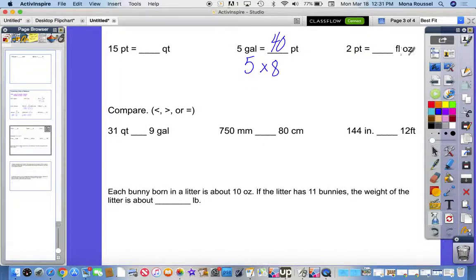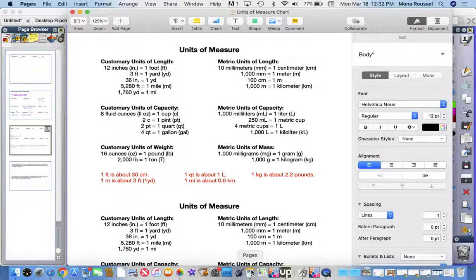Another one along those same lines, we're going from pints to fluid ounces. Pints are larger than fluid ounces, so we're converting a larger unit of measure to a smaller unit of measure. Larger to smaller means we're multiplying. When we look back at that chart, we know that there are 8 fluid ounces in a cup, and there are 2 cups in a pint, but we don't know how many fluid ounces are in a pint without doing a little bit of converting.